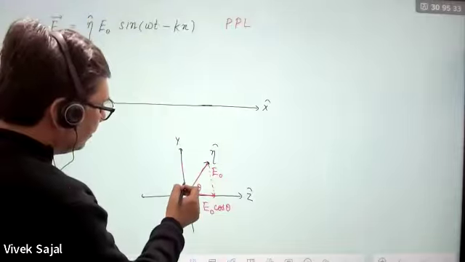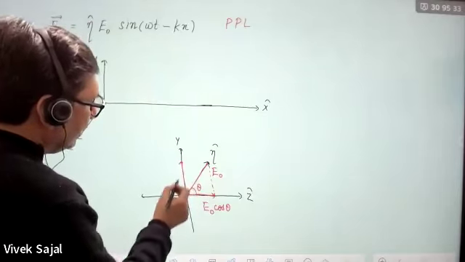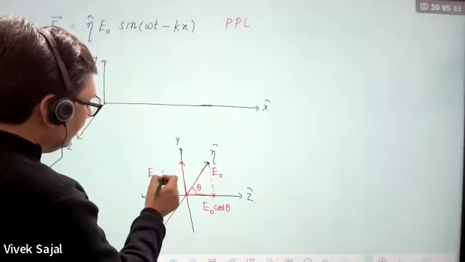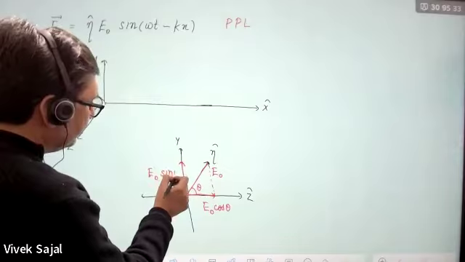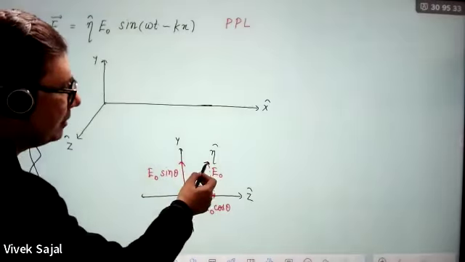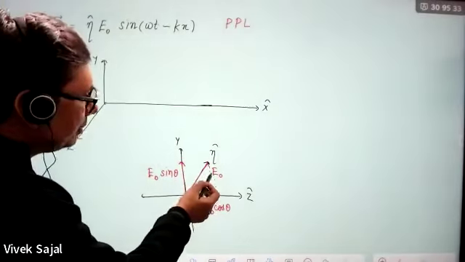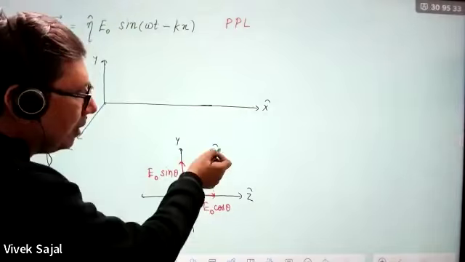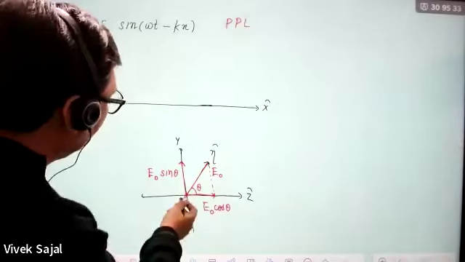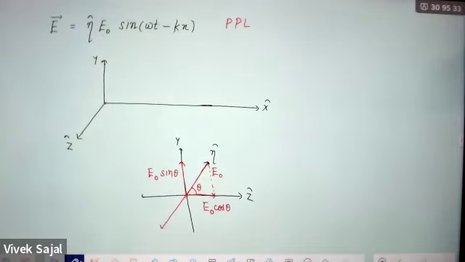And there will be a component here that will be E naught sine theta. So I can resolve this amplitude E naught along eta cap into two components. One component will be along the z cap, another along the y cap.